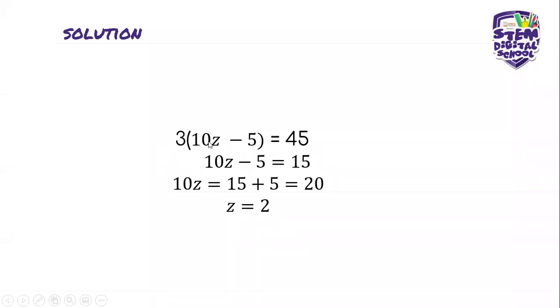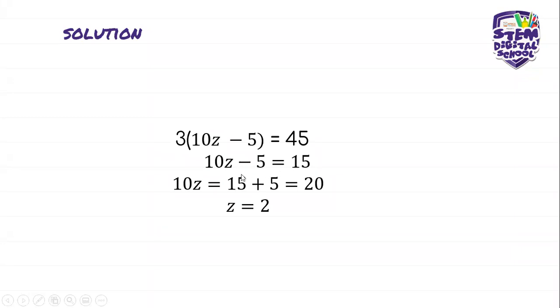So it means you can still divide by 3 both sides. So in my case, I've divided by 3 both sides so that I'm left with 10z minus 5 in the left-hand side. And then the right-hand side, if you divide 45 by 3, you will get 15.